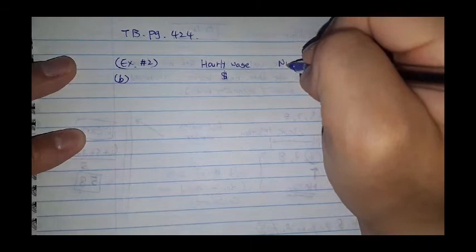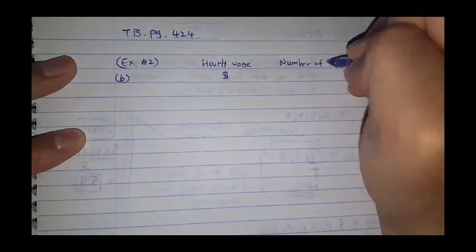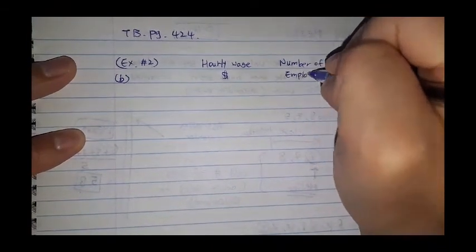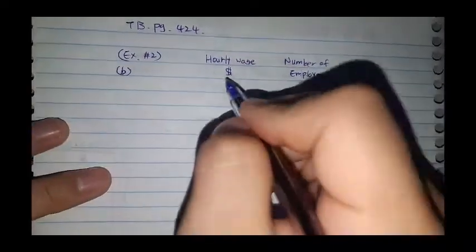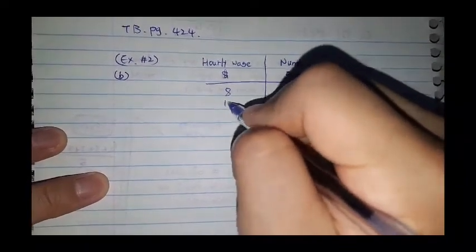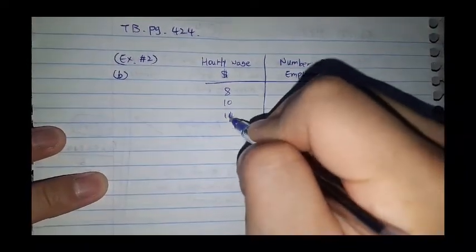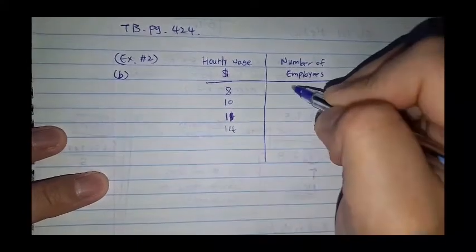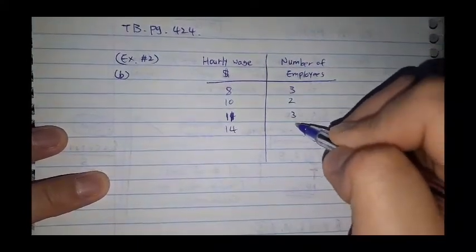So here's what you need to do. This one I'm going to copy the question. Then 11, then 14, and I have 3, 2, 3, 2.